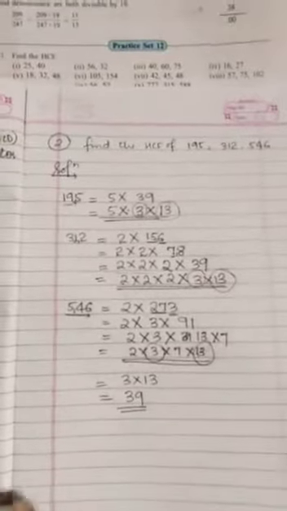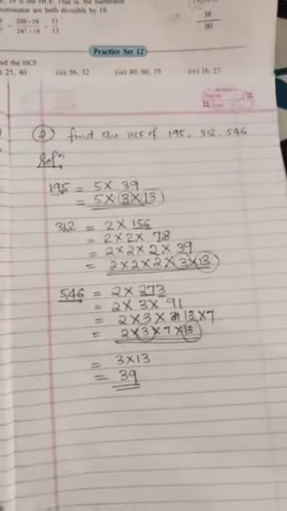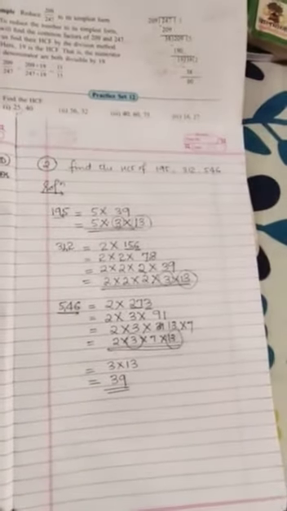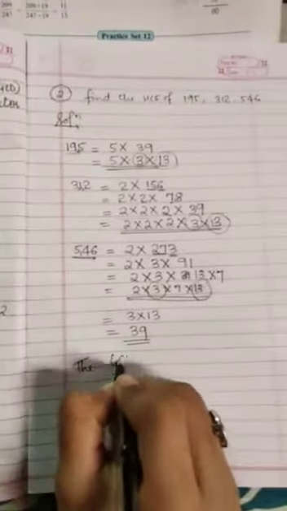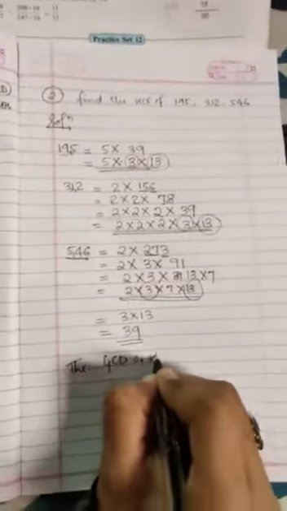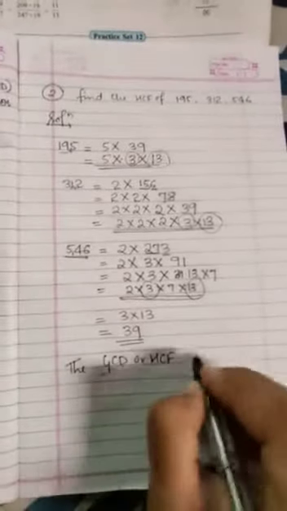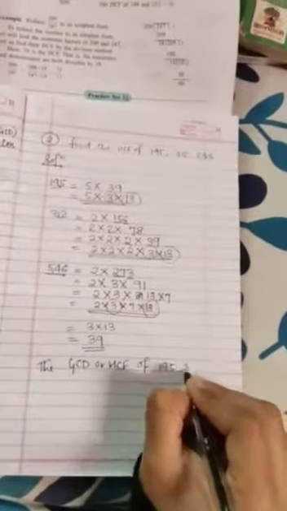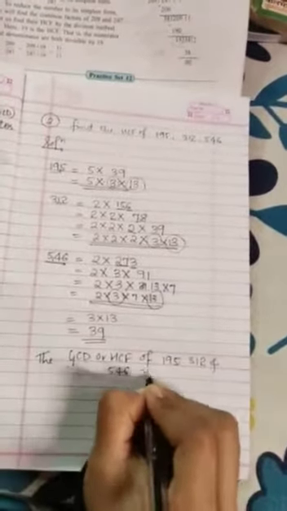So what is the GCD or HCF, greatest common divisor or highest common factor, of 195, 312 and 546? It is 39.